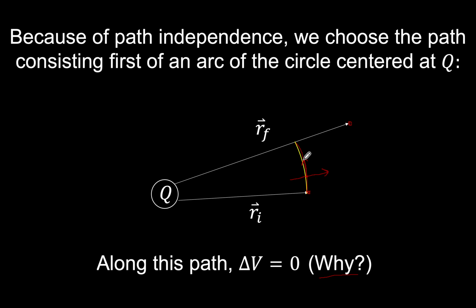And if we move to a different location, we would be going in a slightly different direction, but so would the electric field. And everywhere along this path, the electric field and the direction we're moving along this path would be perpendicular. So that dot product all along this path would be equal to 0. So first part of our path, the value of the integral is equal to 0.